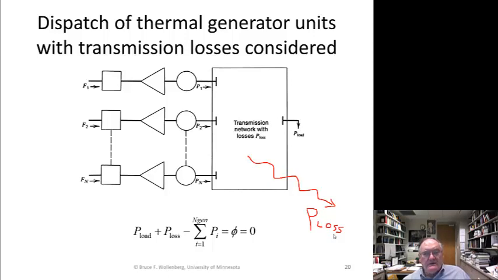Let's say 3 to 5% for a transmission system, not counting the distribution system and other losses, just the transmission system. So it's a lot of energy, and it's going to pay us to start doing our economic dispatch, where the equality constraint now says load plus loss minus the sum of the generation equals 0.